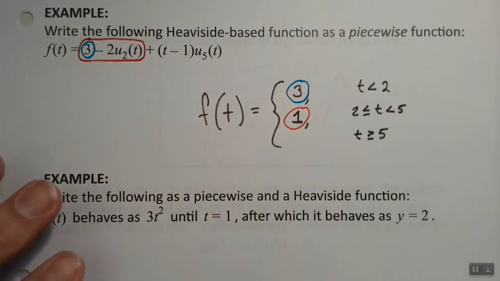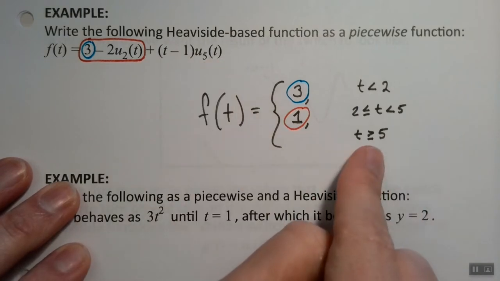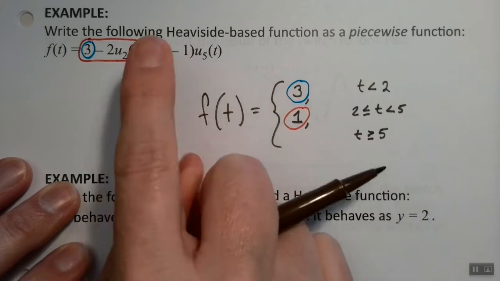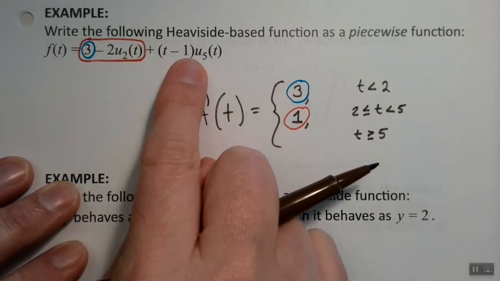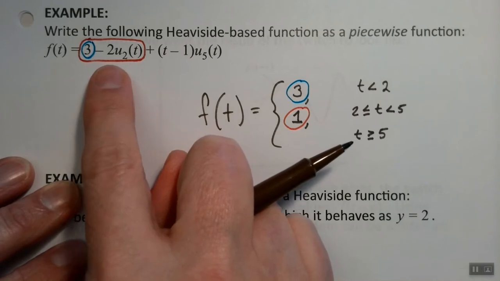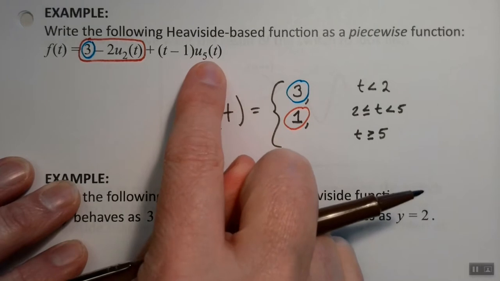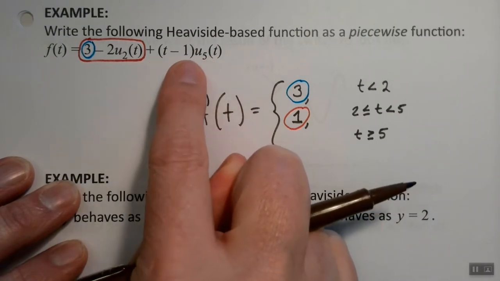And then last but not least, when all three parts are considered, then anything that's t greater than or equal to 5, this thing would be switched on, but so would this. So if this thing is switched on exactly, you'd have 3 minus 2, so that's 1. And then exactly at 5, this thing is going to behave like 5 minus 1.